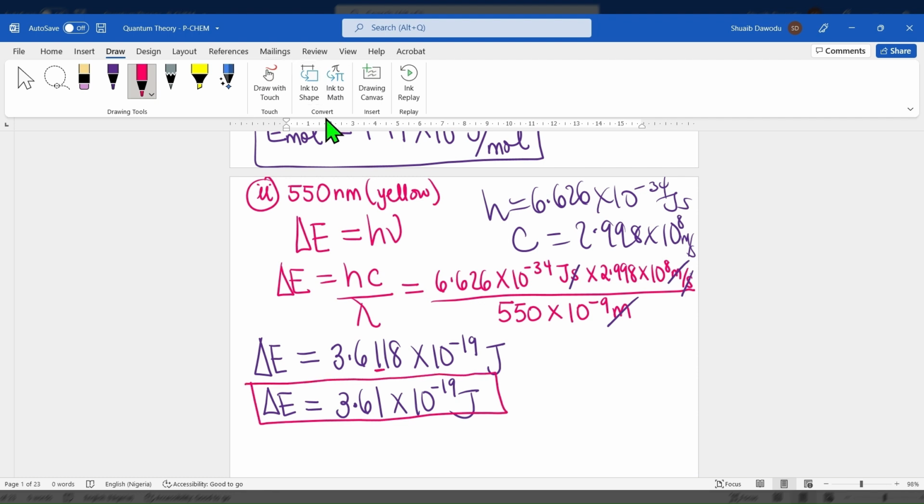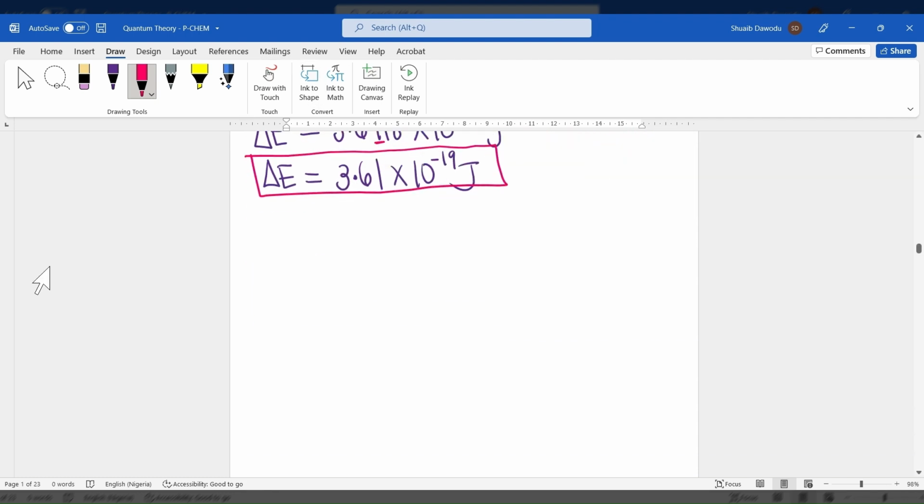Now, our work is not done. We already know the drill. We're supposed to solve for energy per mole of photons. So E mole is equal to the energy of photon multiplied by Avogadro's number.